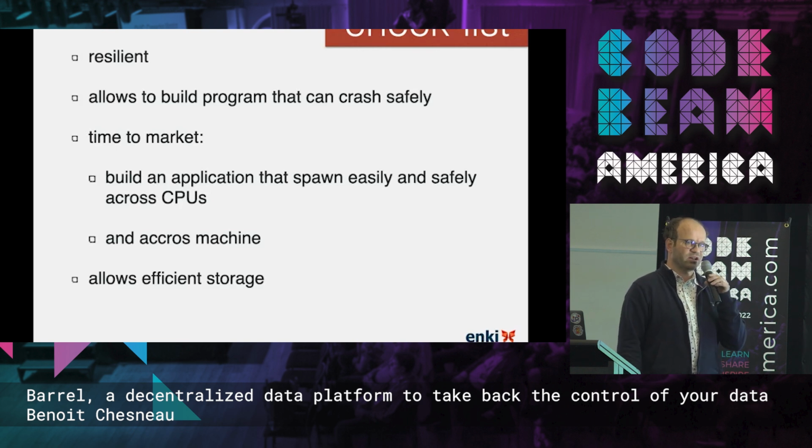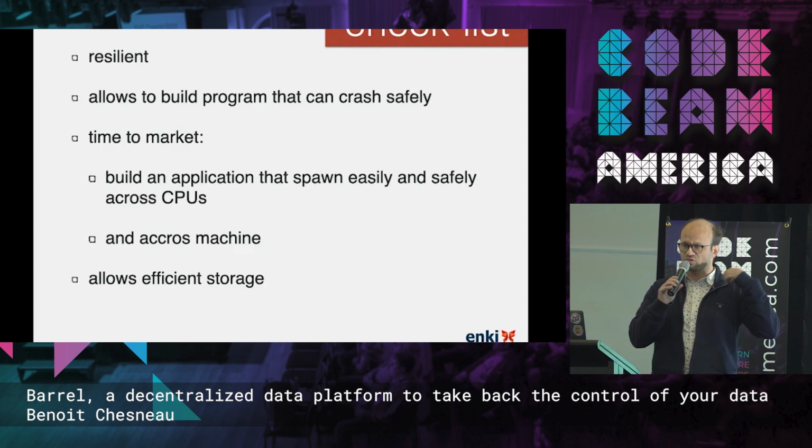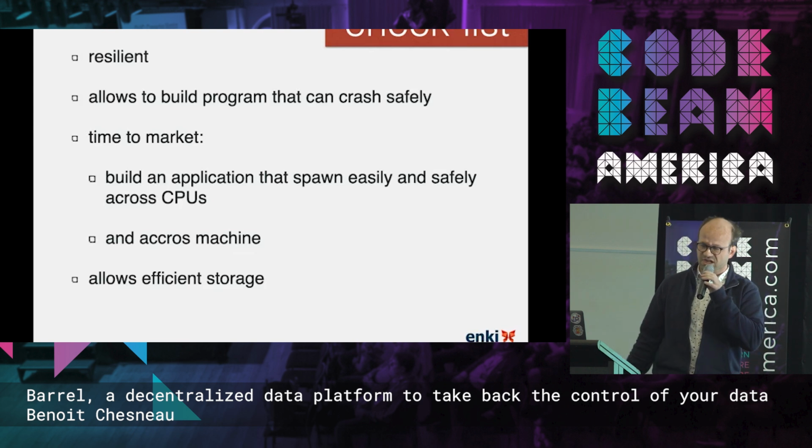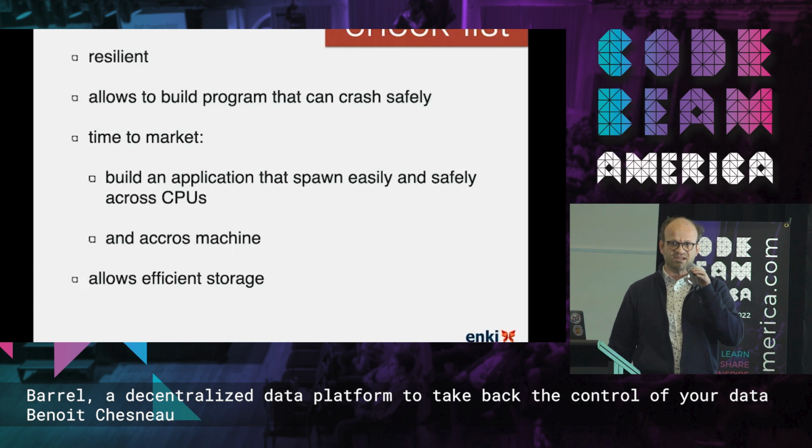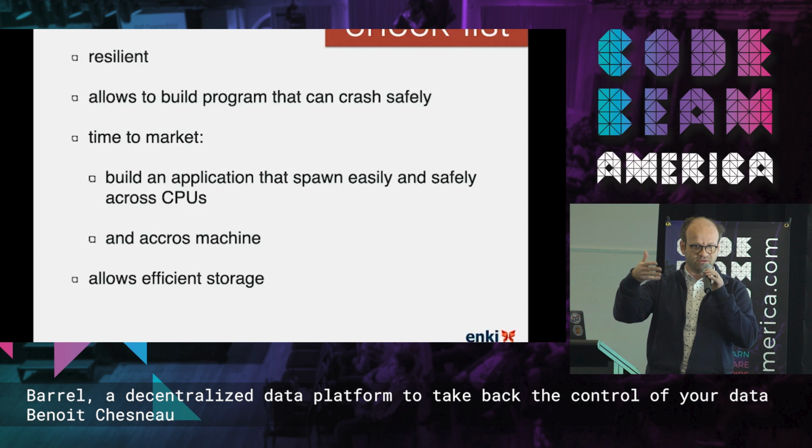And I didn't find anything as easy as Erlang as of today to build something that can spread executions over the CPUs on your machine, or to run as many processes as you want and interrupt a process, etc. This is very easy to do in Erlang, more easily than with asynchronous APIs like in Rust or C++, or even Go, where you have to make sure that your channel is not blocked, that you have to create all these queuing facilities that you already have with processes in Erlang.